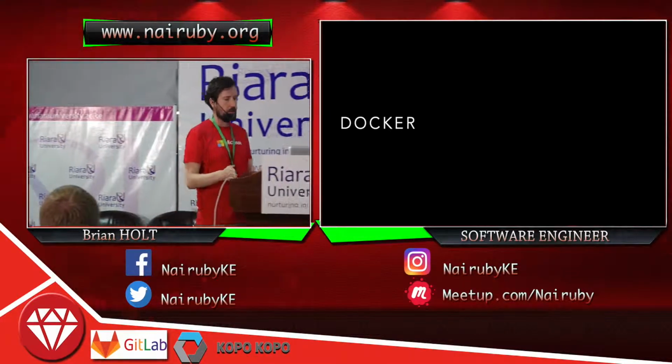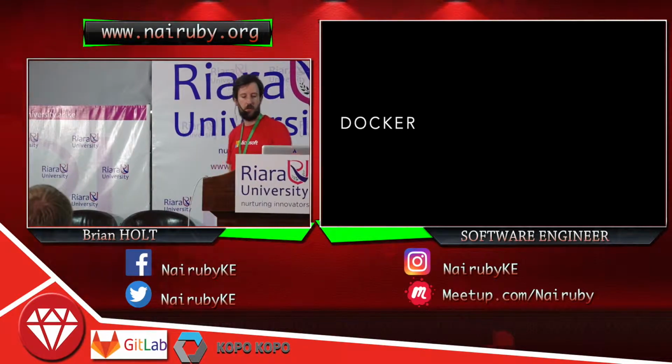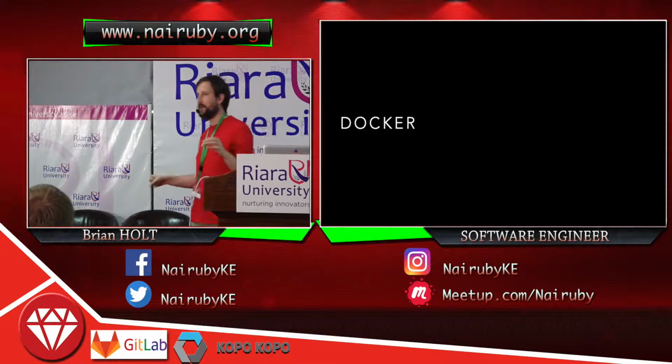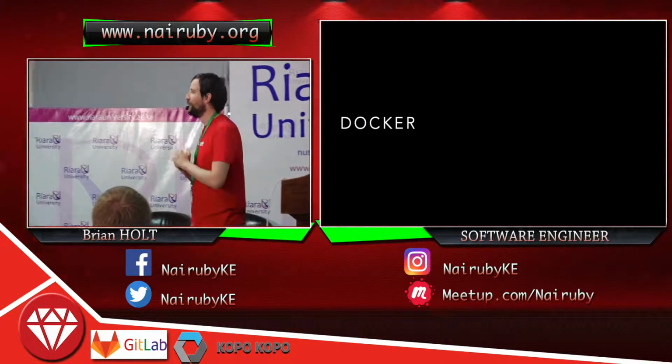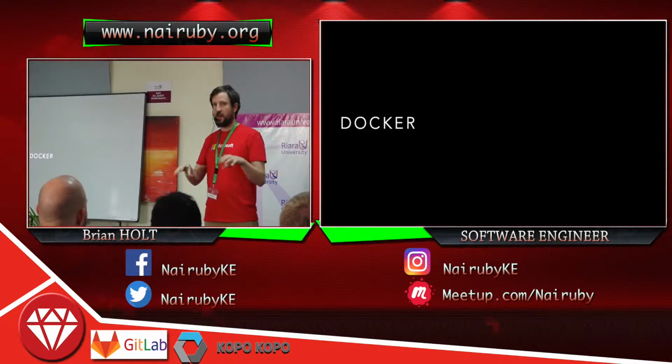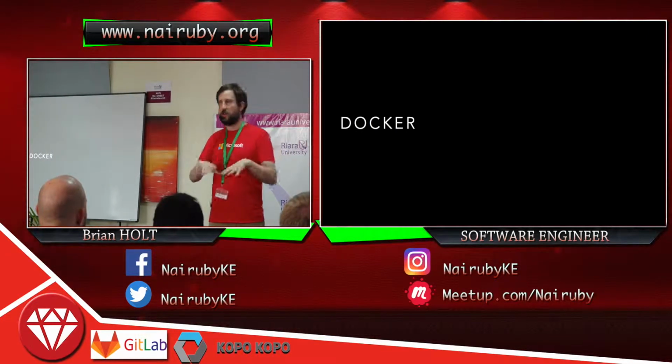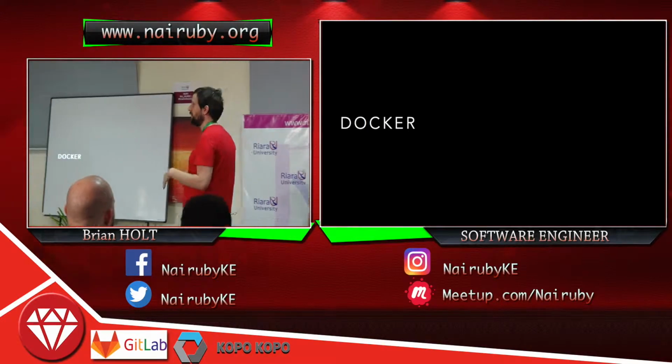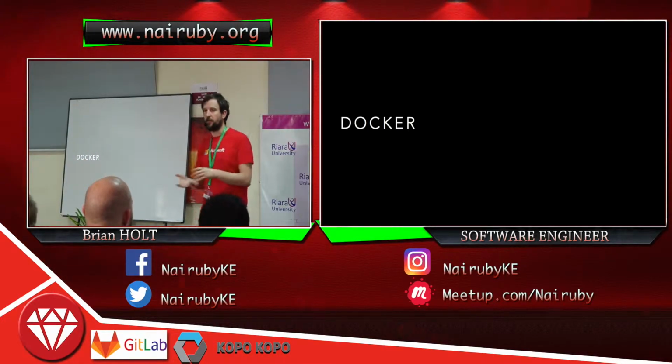So this allows you to create individual containers. I guess it bears mentioning what containers are as well. In a VM, you have an entire guest operating system on top of another operating system in some sort of hypervisor situation, right?